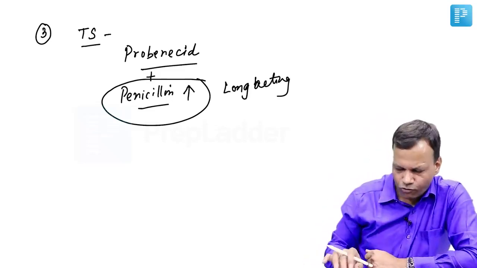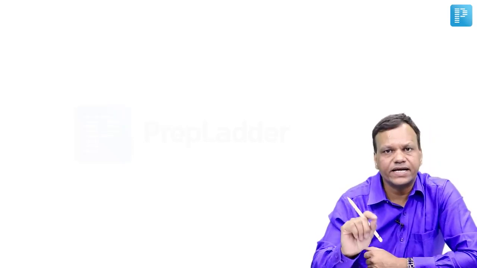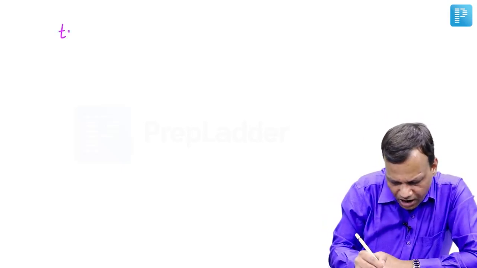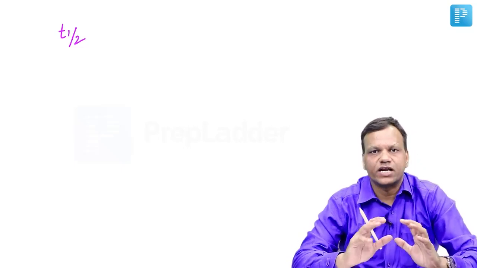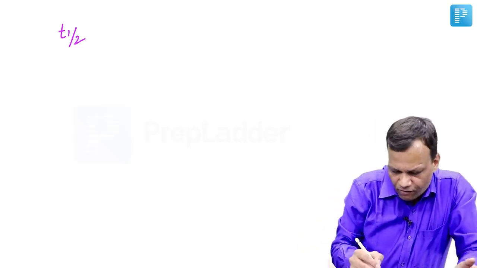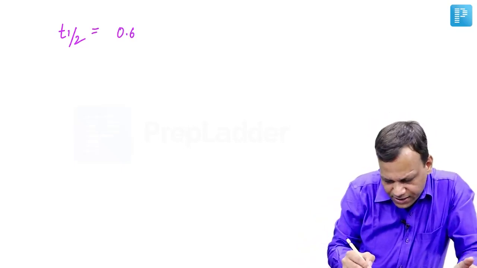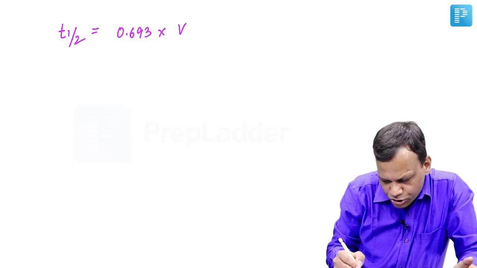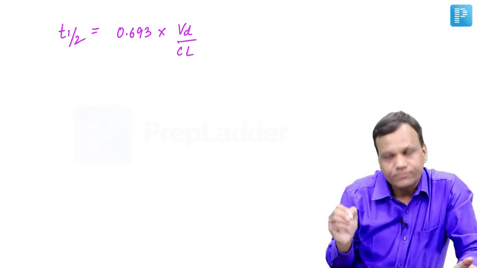Okay. So these are the four parameters of pharmacokinetics, A, D, M, E. Now related to these parameters, we have some formulas, the most important being half-life. Half-life is the time in which plasma concentration of a drug becomes half, 50%. The formula of half-life is 0.693 times volume of distribution divided by clearance.